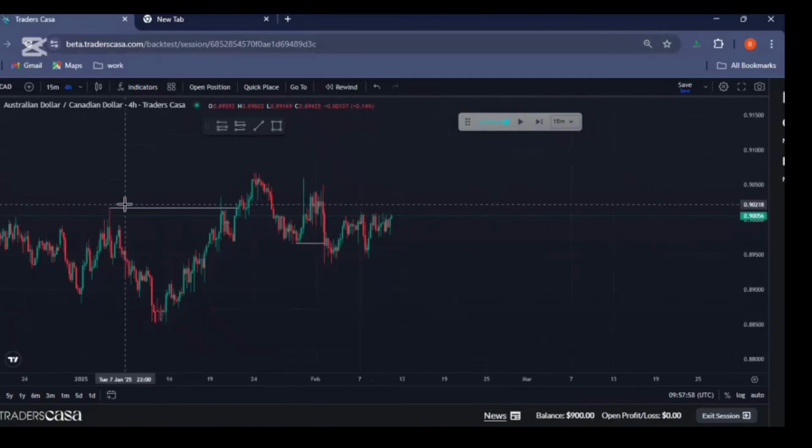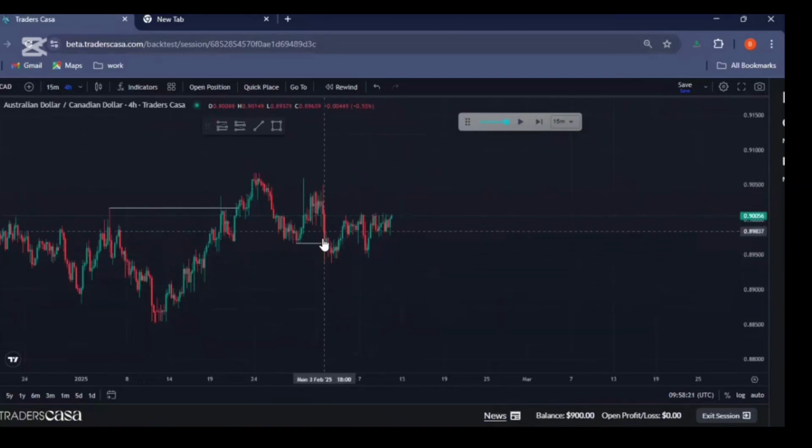So in the bigger picture, that is the direction of the market. The market is actually bullish, but when the market is bullish and needs to pull back before it continues going back up, it's going to be making lower lows and lower highs.